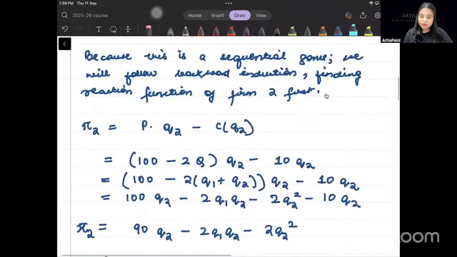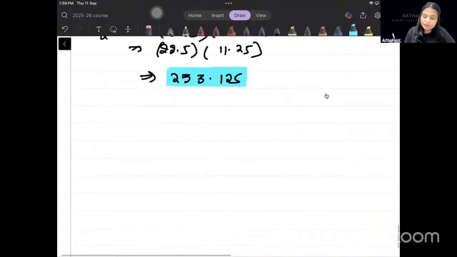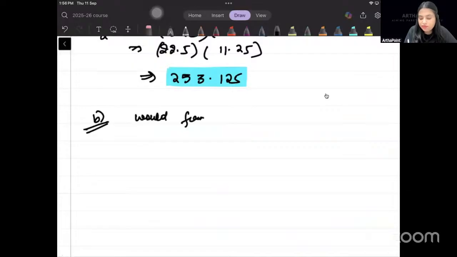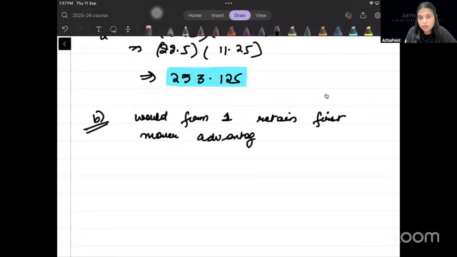Okay, now look ahead, the next part. The next part says, would firm 1 retain first mover advantage under price choice?